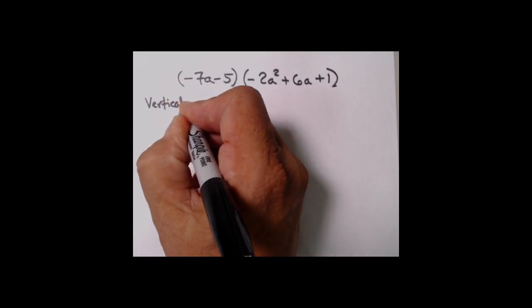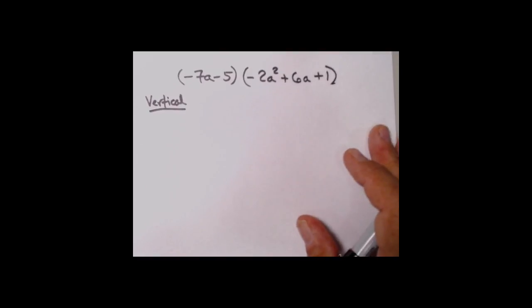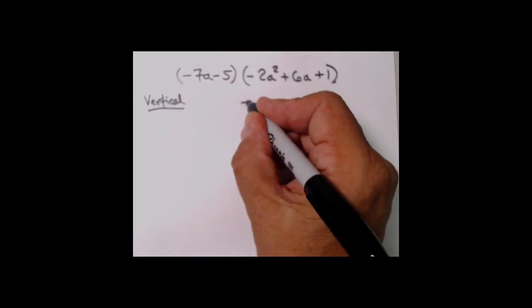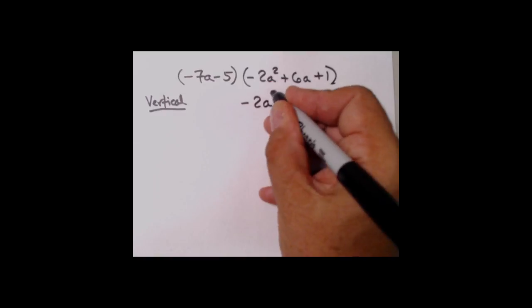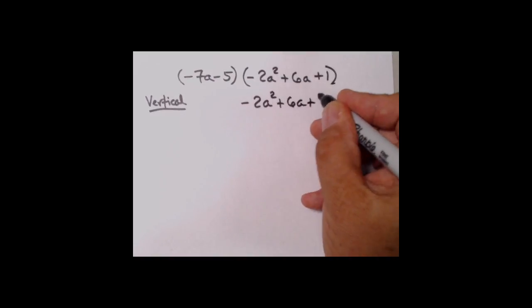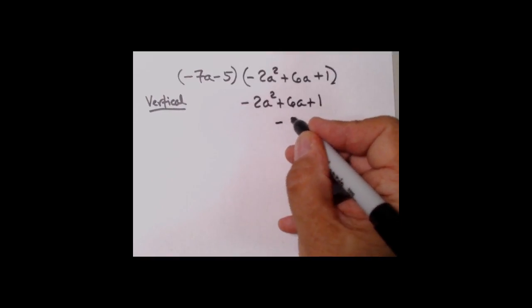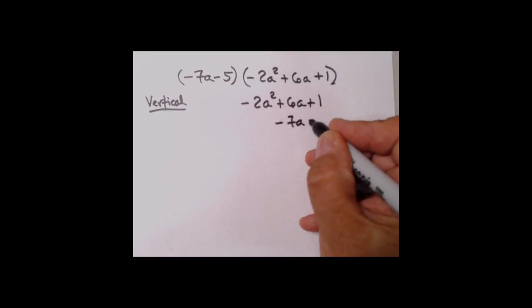Okay, so what I'm going to do is write the longest guy up on top here. So minus 2a squared plus 6a plus 1. Write the shorter guy underneath, minus 7a minus 5.